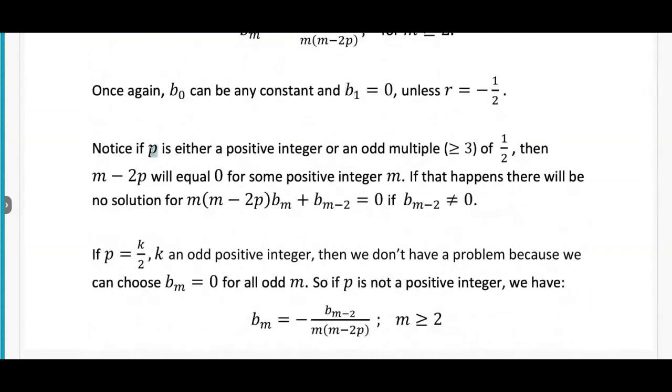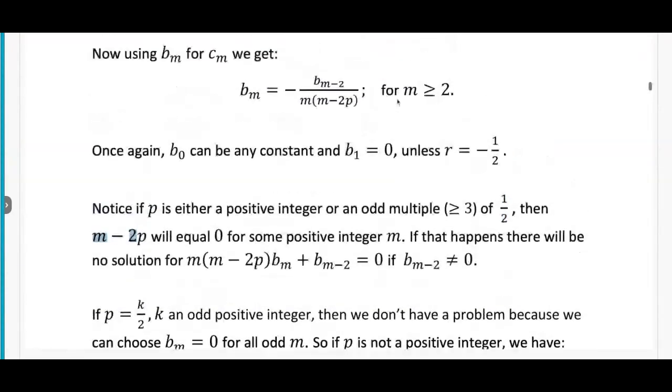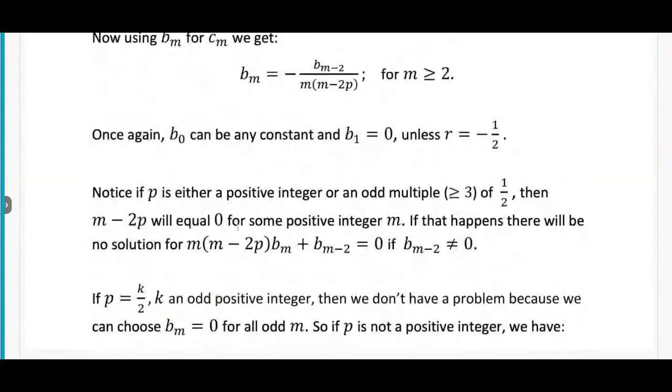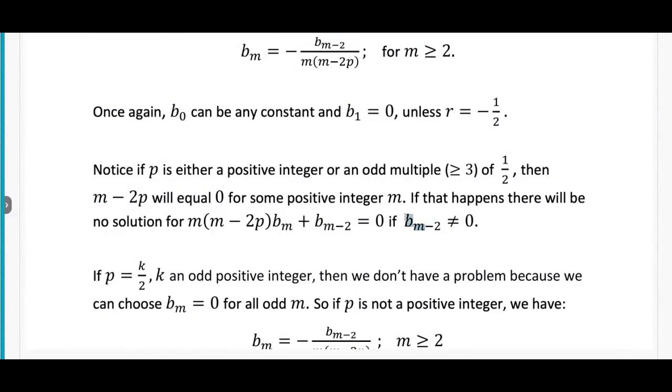So this is, if p is either a positive integer or an odd multiple, greater than or equal to 3, of a half, then m minus 2p will equal 0 for some positive integer m. If that happens, there will be no solution for this, if the m minus 2p term is not 0.